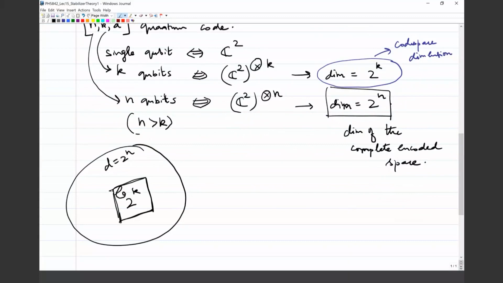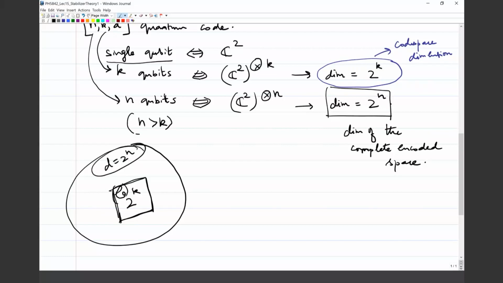So far, we have only been talking about the case where the code space is of dimension 2 because we've only been encoding single qubits. More generally, you can talk about k qubits. Encoding k qubits will mean that you're looking for subspaces of dimension 2 to the k inside a 2 to the n dimension Hilbert space. Okay? So the dimension of the larger Hilbert space is 2 to the n. The dimension of the code space is 2 to the k.